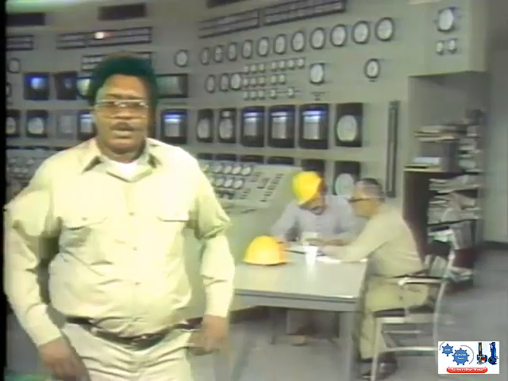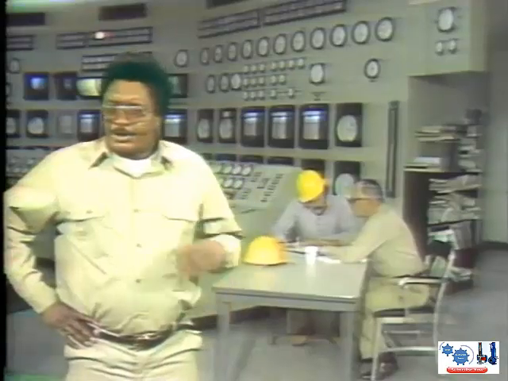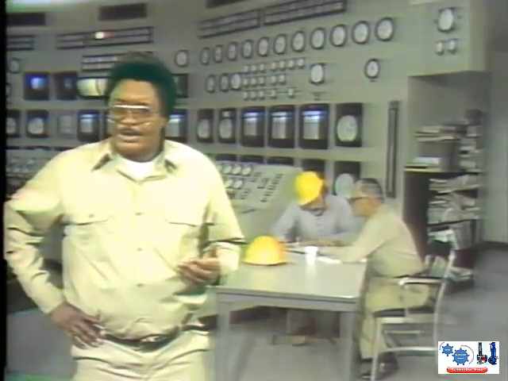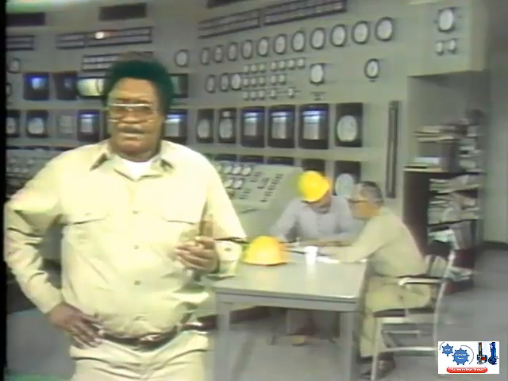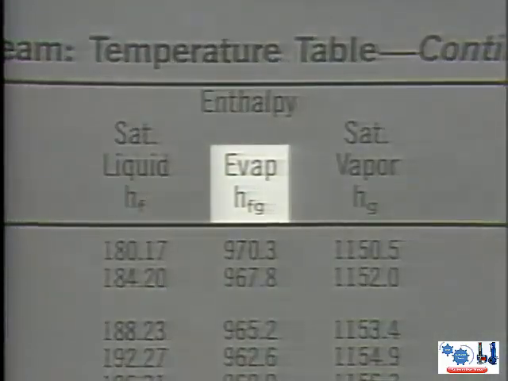As you know, when water is heated to its saturation temperature and begins to boil, additional heat added to the steam-water mixture does not increase the temperature of the mixture. The additional heat, the latent heat of vaporization, serves to cause the change in state from water to steam. The center column under the enthalpy heading is labeled evaporation and symbolized as H with the subscript Fg.